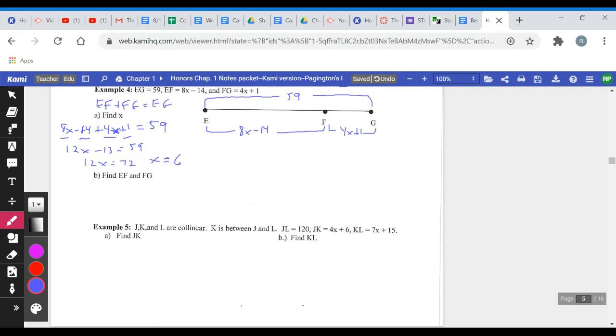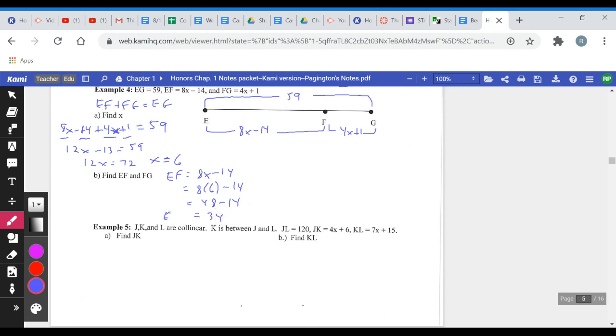Okay, so just a little refresher on solving equations. Now I need to look at part B. I'm not necessarily done just because I solved for what x is. On B, it says to find what EF is and find out what FG is. So if I know that EF is 8x minus 14, and I take that 6 and plug it in for x's place, then I can solve from there. 48 minus 14, and that gives me 34.